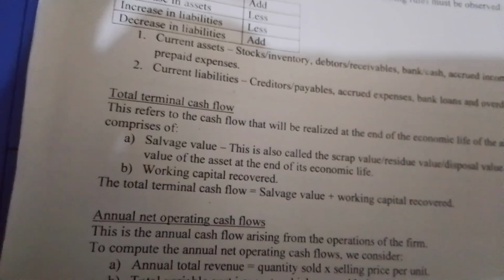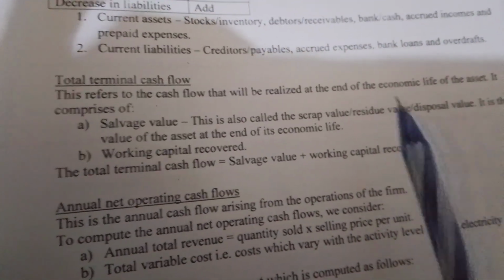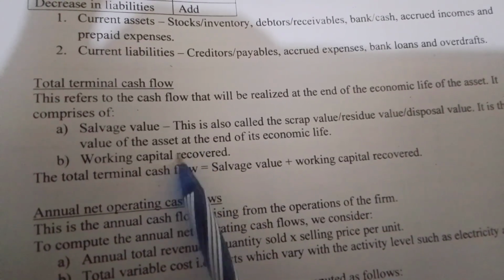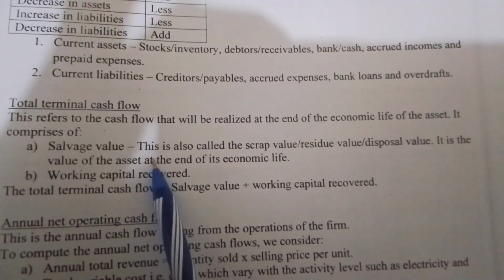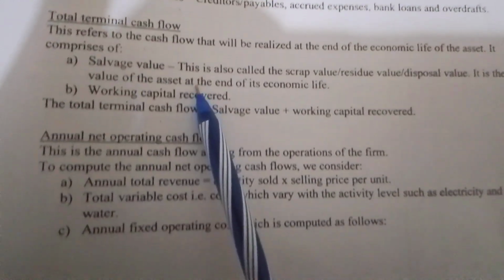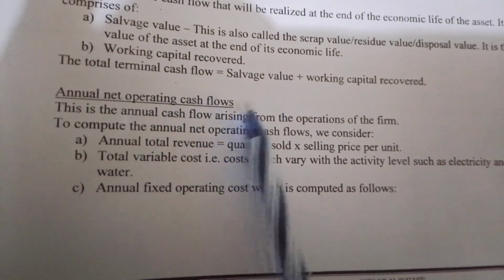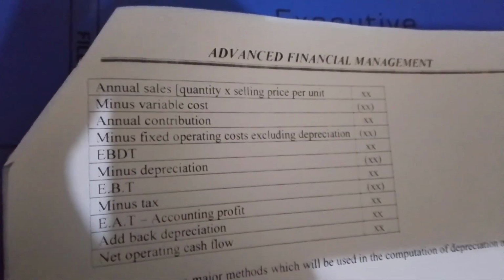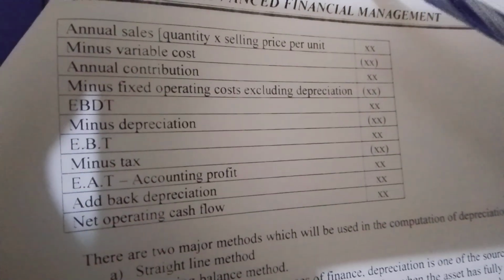I want you to see the terminal cash flow, how we go about it. This part here: salvage value and the working capital recovered. That's the total terminal cash flow. The annual net operating cash flow, those three, you follow that.